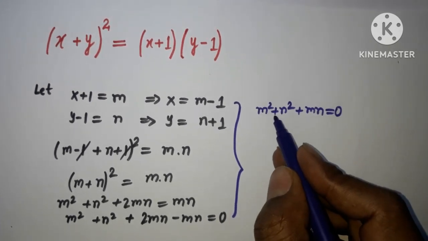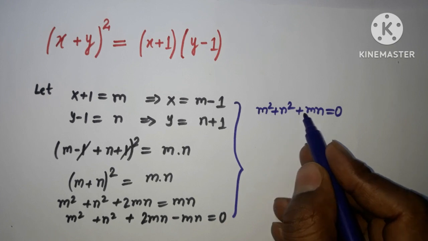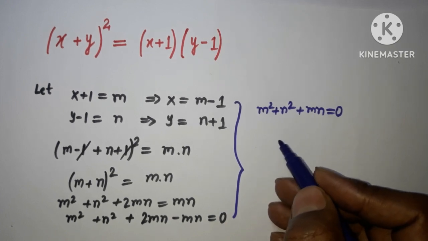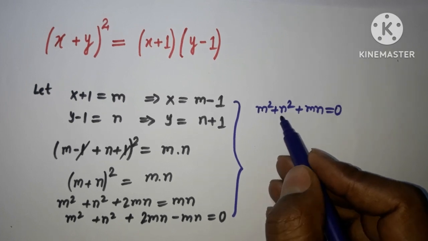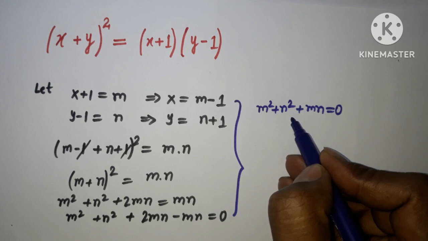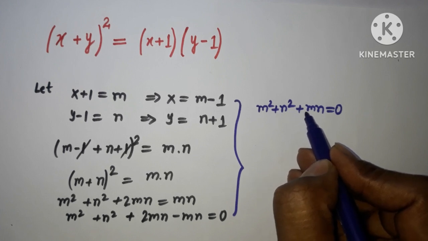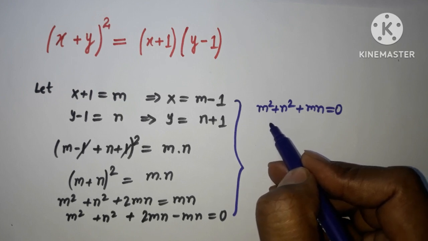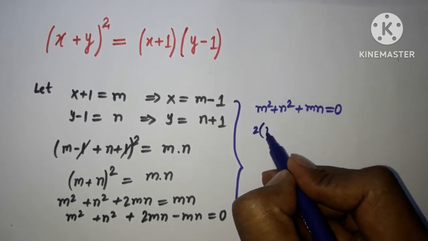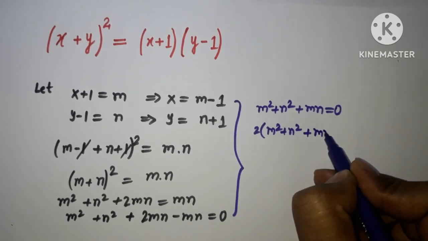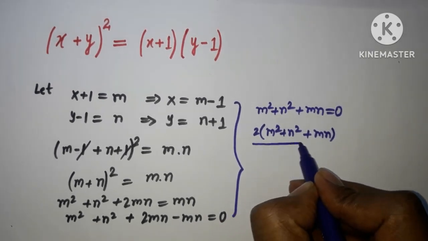Now you are saying that okay, we have m² + n² + mn = 0, so how can we proceed further? Before proceeding, I'm making it a perfect square. How can I get that? I have to multiply by 2, so that we'll have (m + n) whole square.